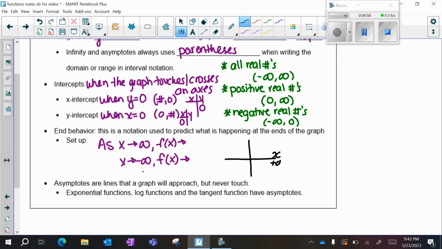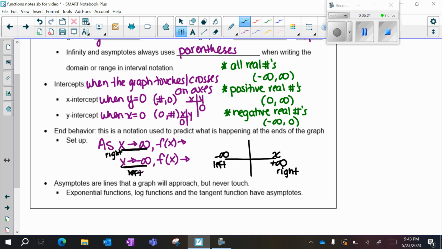This is my x-axis. So positive infinity is the right side of the graph. Negative infinity for x is the left side of the graph. So this top line is asking for the right side, and this bottom is asking for the left side.